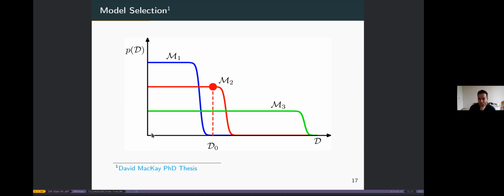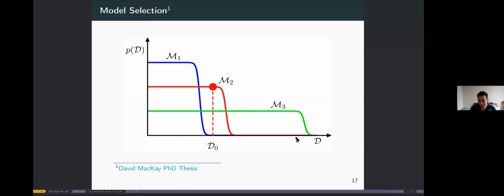Now, M1 is a very simple model, so it places probability mass over fewer data sets, but because of the sum to 1, it places more probability mass on them.